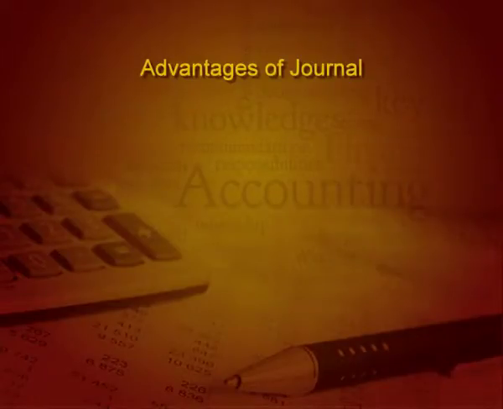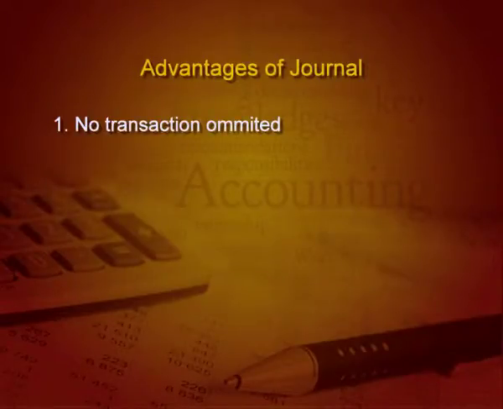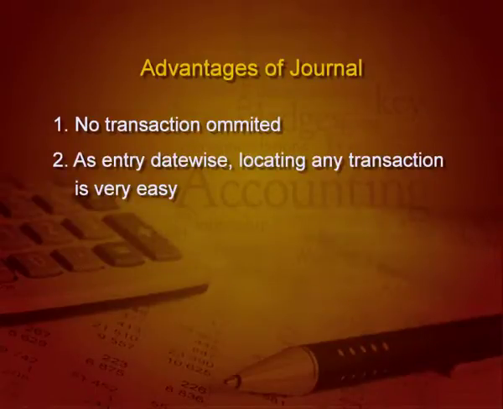First, no transaction is omitted as everything is recorded. So, there is no point of omission. Next, as entry is done date wise, that is chronological, locating any transaction is very easy.